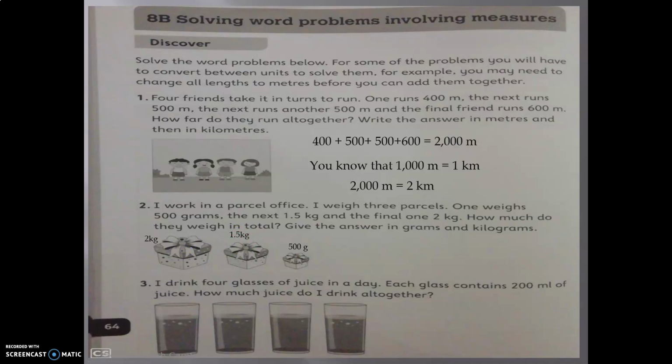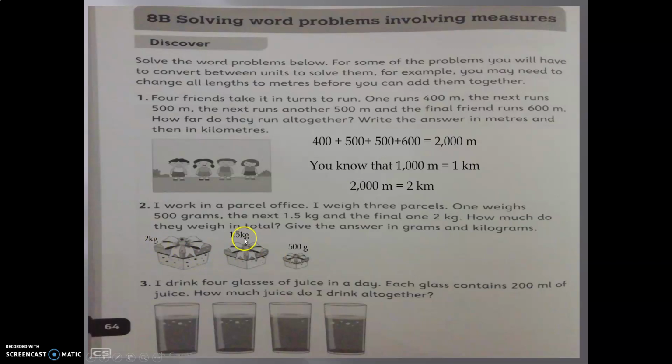So, can we make plus between the 3 weights or the 3 numbers we have here in our question? No, because the first number is in grams, the second in kilograms, the third in kilograms. So if I want to make plus between them, because the question is asking me how much do they weigh in total or all together, I should convert them to be in the same measuring unit.